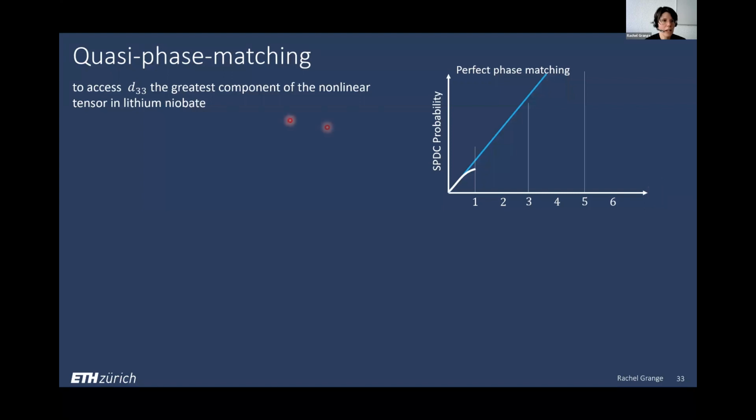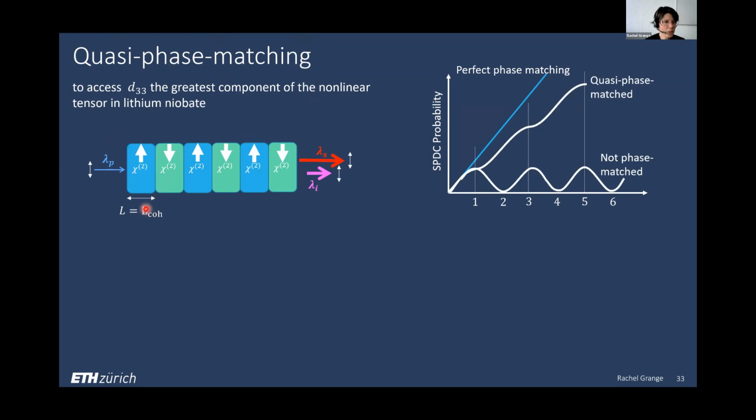We want integrated structures. So what you can play with is quasi-phase matching. In quasi-phase matching, you take a crystal, also bulk at first, but we'll see how we can do it on lithium niobate on insulator. And then you try to invert the orientation of this crystal by applying a very strong field.